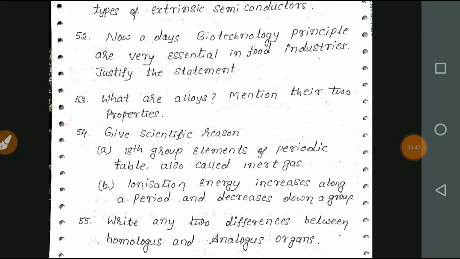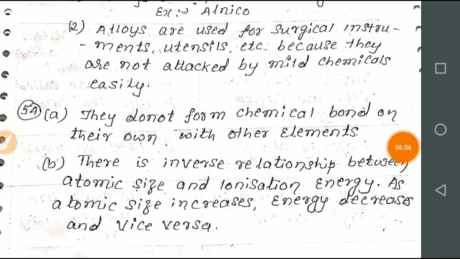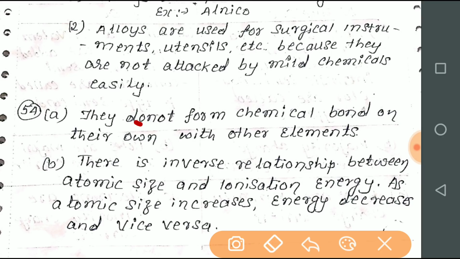Give scientific reasons. First, the 18th group elements of the periodic table are also called inert gases. Second, ionization energy increases along a period and decreases down a group. Give reason. Yes, 18th group elements are called inert gases because they do not form chemical bonds on their own with other elements.